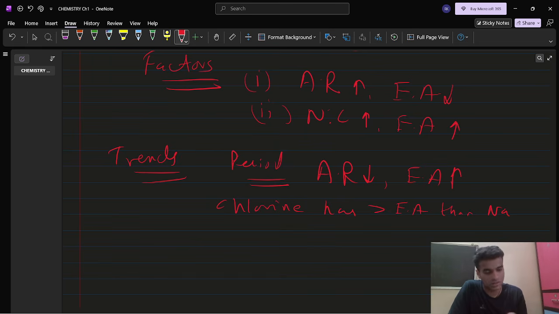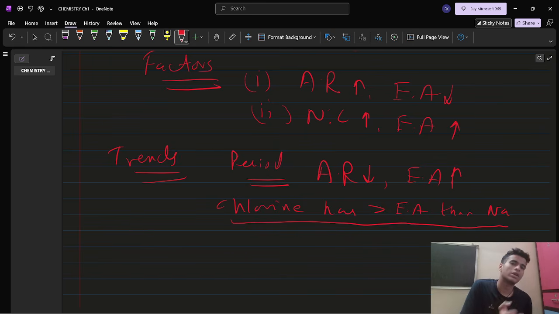So if you don't know कौन सा element कहाँ है then it will cause a problem. Chlorine has greater electron affinity than sodium because chlorine is to the right, group 17, sodium is group 1. Atomic radius of chlorine is smaller, so खींचता है क्योंकि नजदीक है ना, distance is less, so it strongly attracts and so it has a greater electron affinity.